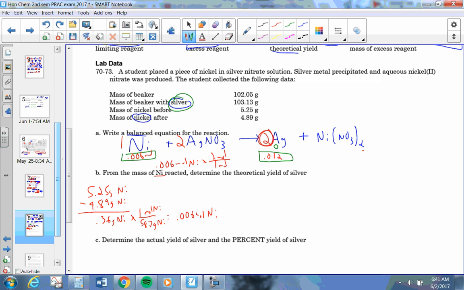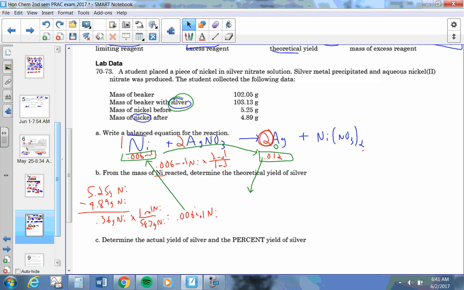So theoretically, let me draw the path. Once I got my moles of nickel, I put that there. I use that to find there. Now I got to come back down here and convert that back into grams for a theoretical yield.